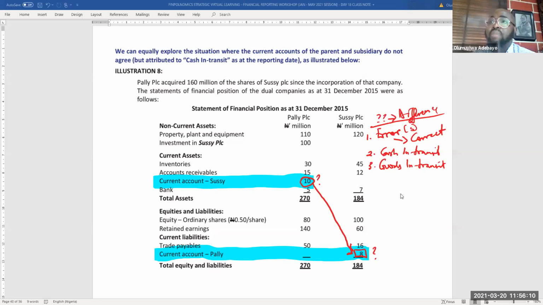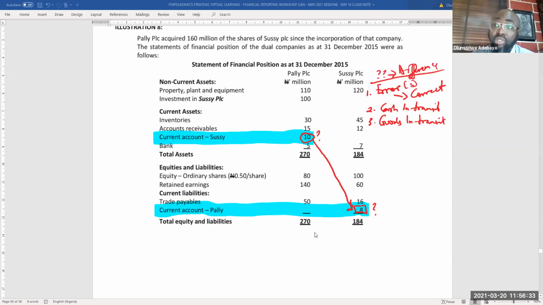But at that moment, what we do for the purpose of consolidation is to identify that amount of cash in transit and pass an adjustment at the group level as if that cash had been received as at the date of reporting, which means as at the consolidation date. And how do we do that with respect to cash in transit?